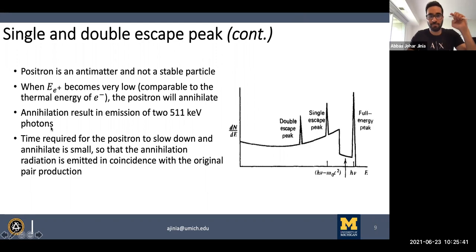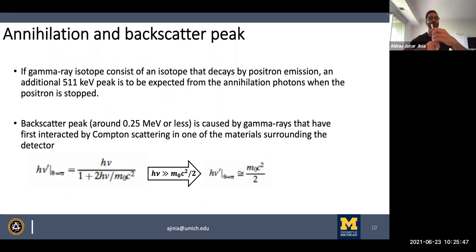So that will give rise to your single and double escape peak. Now we have some other features, annihilation and backscatter peak. In the previous slide, we saw that when pair production happens, there is a positron and the positron annihilates.